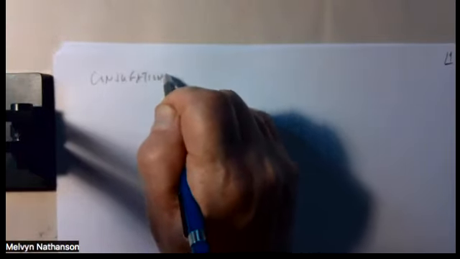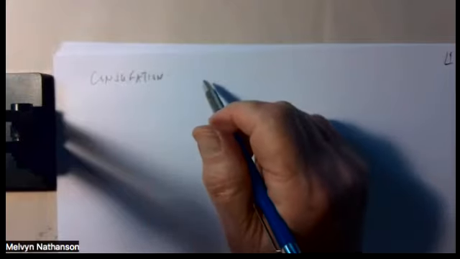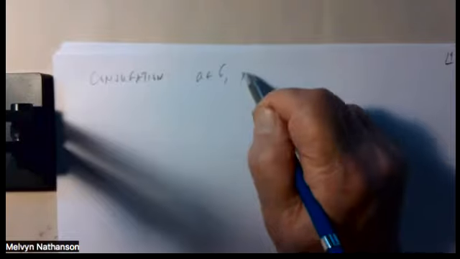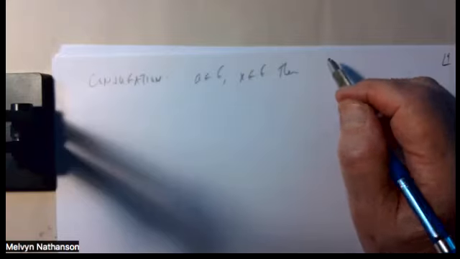So there's an operation in group theory called conjugation. So if A is in the group and X is in the group, then we can write down the element A X A inverse.